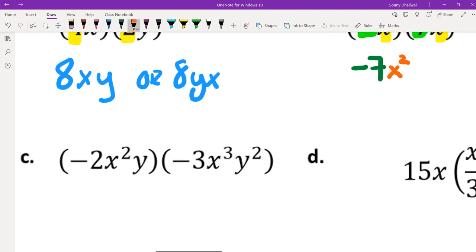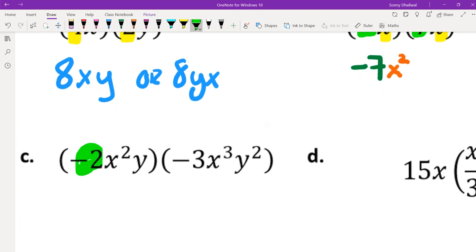Okay, we have a number and a number. When we multiply those two numbers together, what do we get? +6. Okay. Moving on. We have an x base. We have an x base. We multiply those together. The base doesn't change.